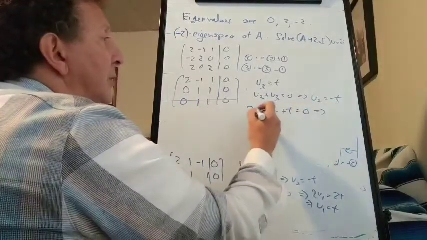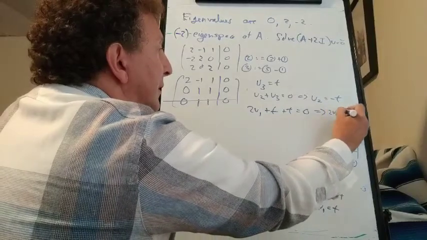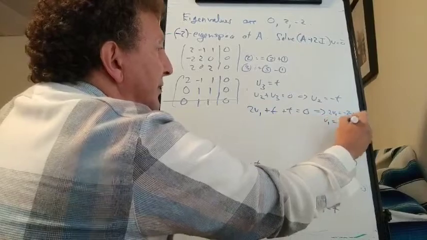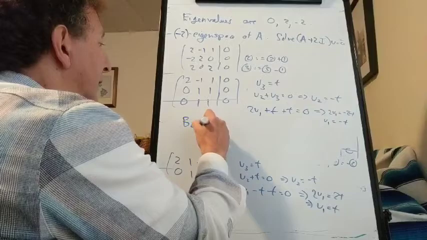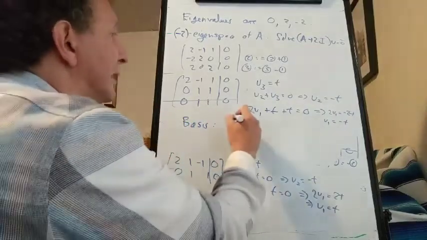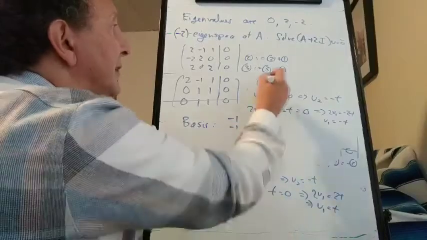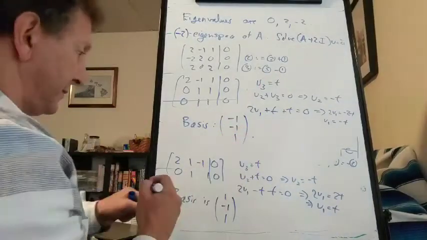So that's 2v1 equals negative 2t, or v1 equals negative t. So a basis would be, if v1 is negative t and v2 is negative t and v3 is t, these are all multiples of negative 1, negative 1, 1.